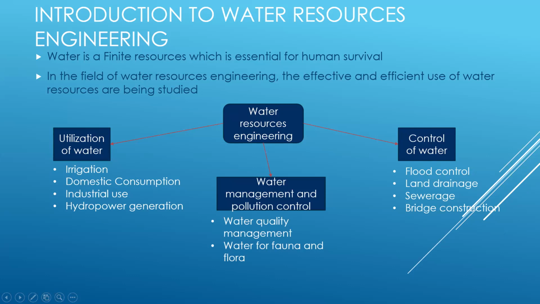You have to do flood control, then land drainage, then sewage and sewage management, then bridge construction. Especially for bridge construction, you need an understanding of the flow of streams and rivers. So these are the basic categories of water resources engineering.